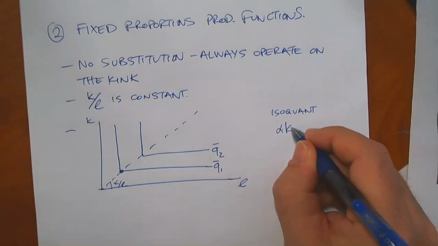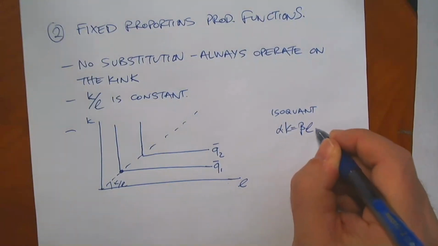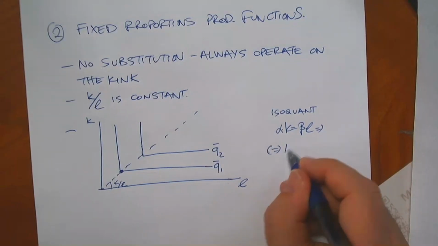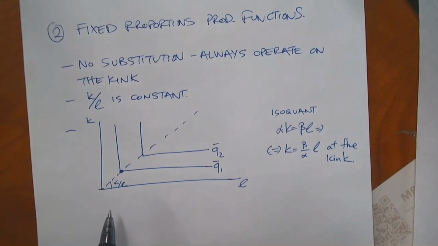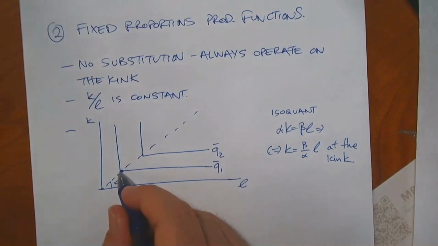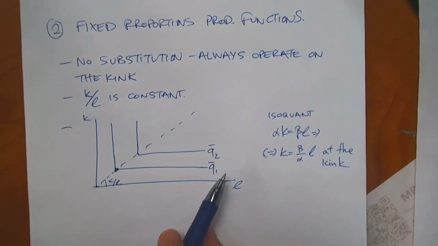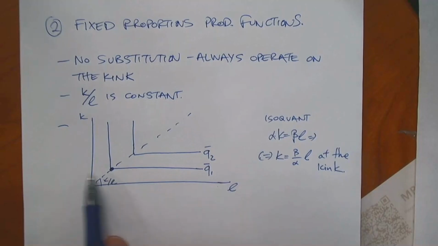If you want to think about what the isoquant looks like, alpha times K equals beta times L. So K effectively is equal to beta over alpha times L at the kink. This effectively means that in order to produce Q1, you need a specific amount of capital and labor, a specific ratio between those two.